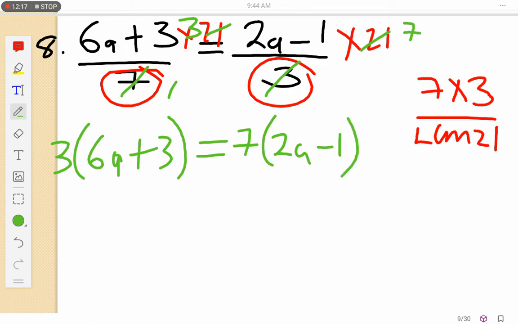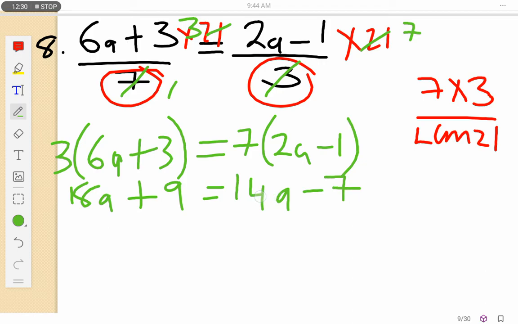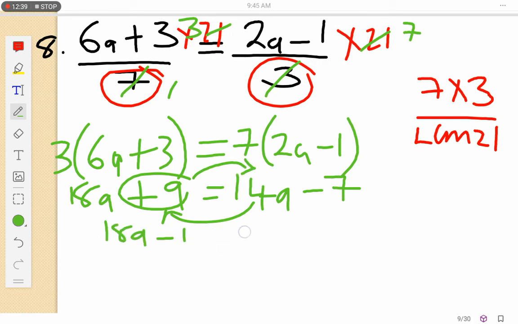3 times 6a, I get 18a, plus 3 times 3, I get a 9, is equal to 7 times 2a, I get 14a. 7 times minus 1, I get minus 7. Okay, so I can take this one to this side and this one to this side. Let's do that. So I have 18a minus 14a is equal to minus 7 minus 9.